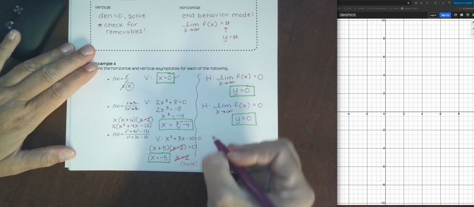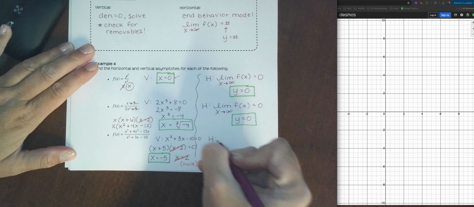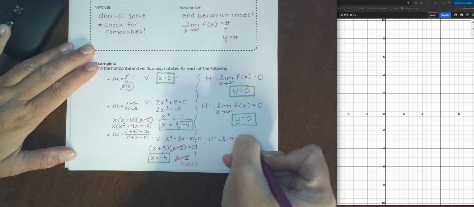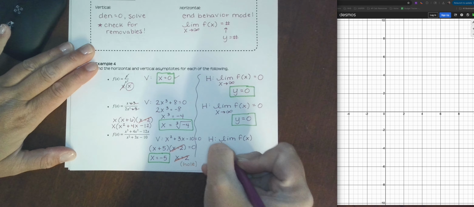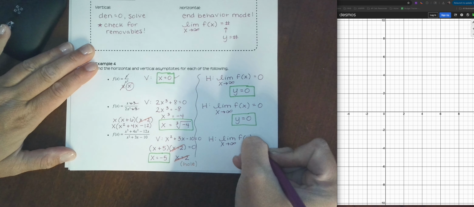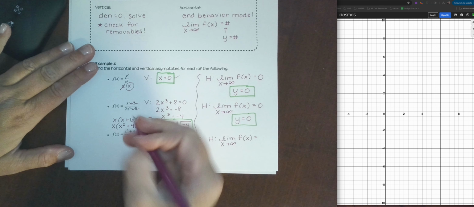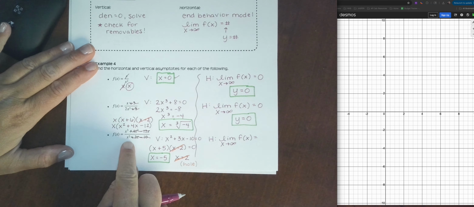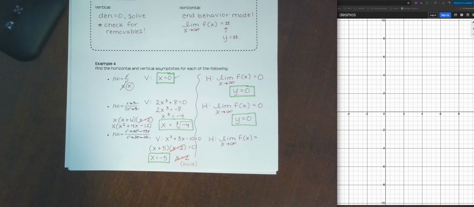For your horizontal asymptote, we're saying limit as f of x approaches infinity. And in this case, up top, if I get rid of the stuff I don't care about, x cubed is growing faster than x squared. The top of your fraction is growing faster than the bottom of your fraction, which means your overall value is getting bigger forever.